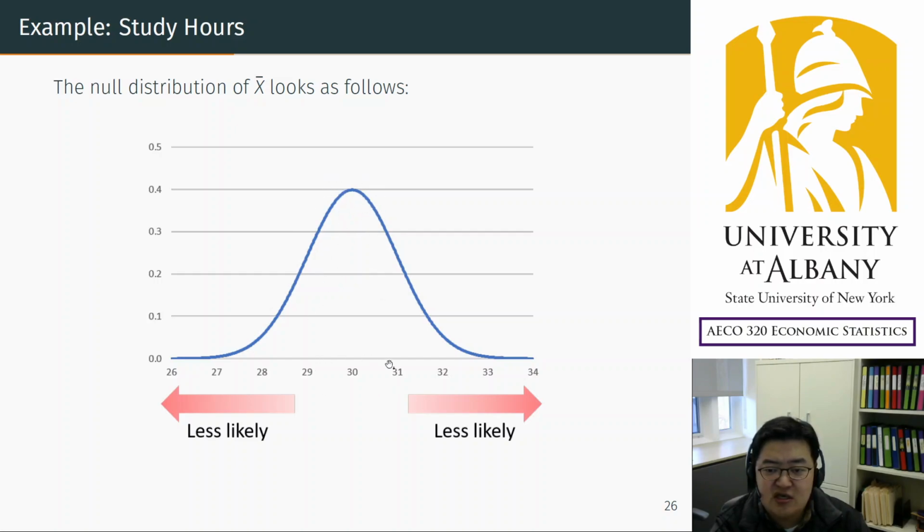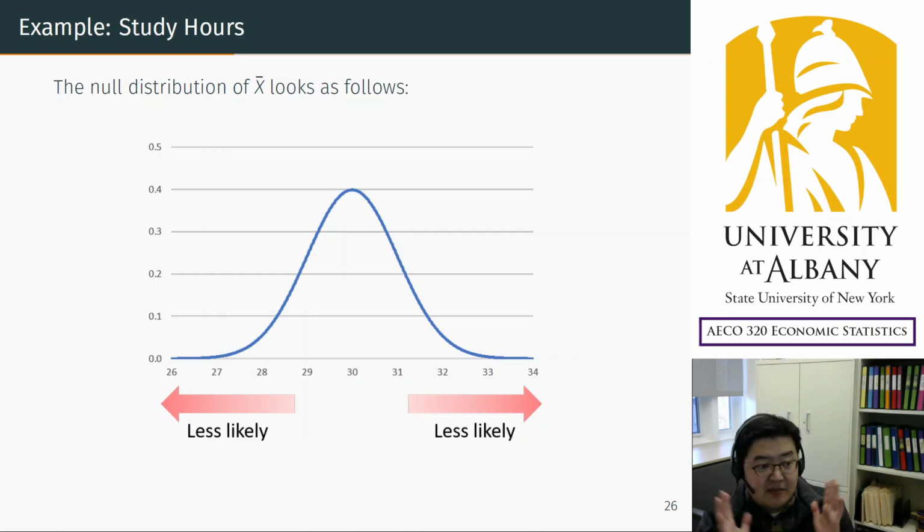Most likely to see results here, but these extreme values are possible but unlikely. So there is still possibility below 26 and above 34, but they would be very unlikely.